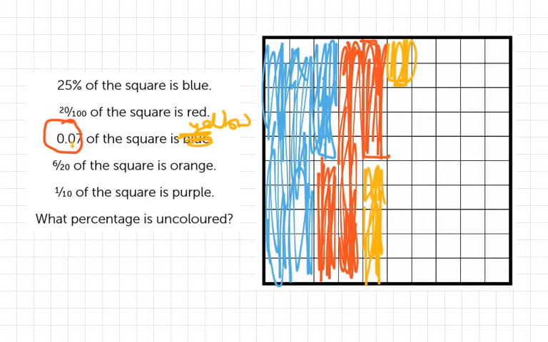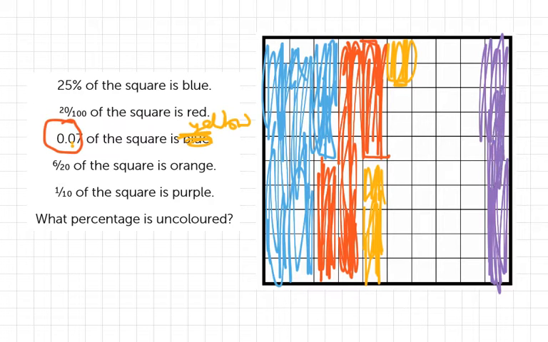See if I can change to a purple. 1/10 is purple. There's my 1/10. Okay. 6 over 20. This one is tricky because the bottom number, the denominator, is not 100.